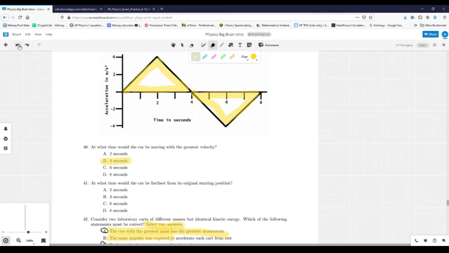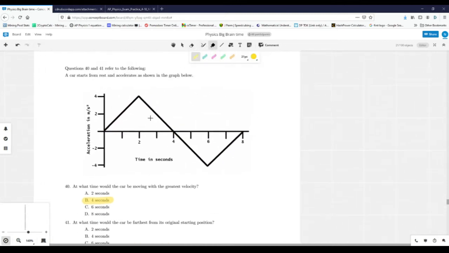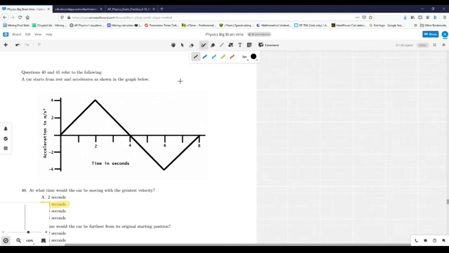Right. So what we were saying was that velocity is positive the entire time, because if we were to draw a graph of velocity over time, you can see it starts off at 0. It increases from the period 0 to 4 seconds, so it looks something like this. And then it's constant at 4 seconds, and then it starts decreasing between the period of 4 to 8 seconds, right?